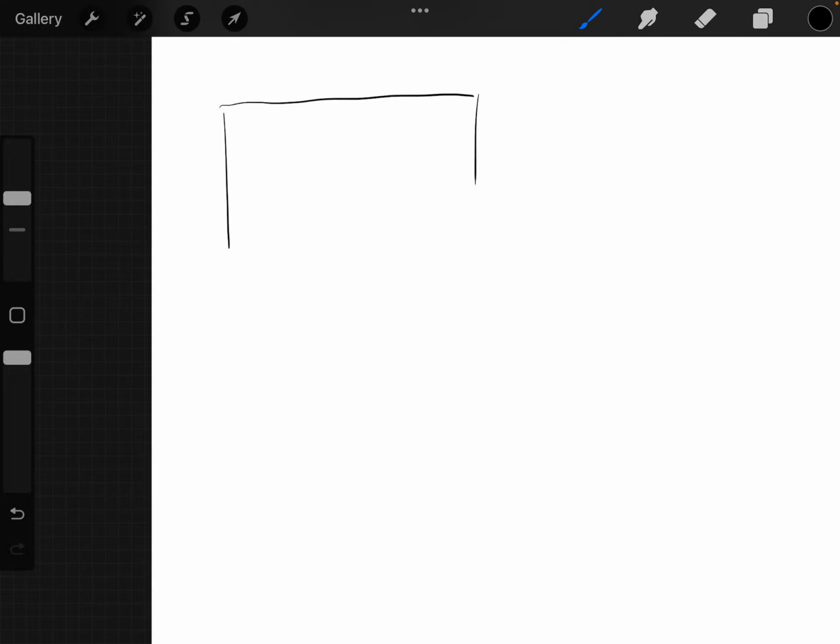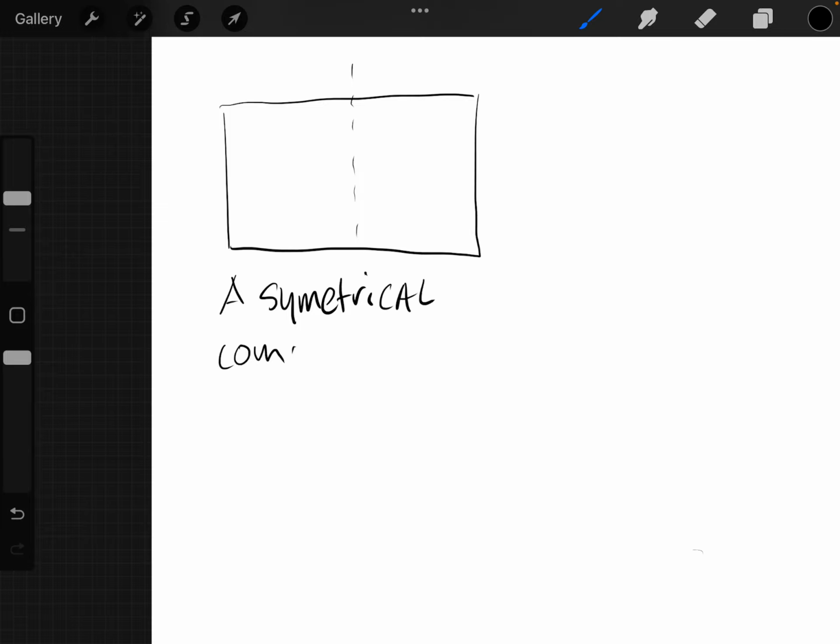There's only two types. The first one is this: asymmetrical composition.